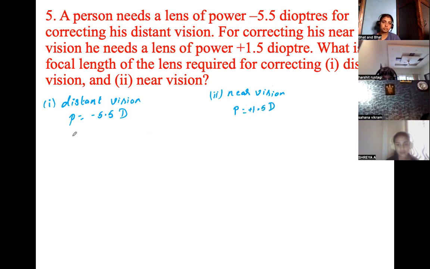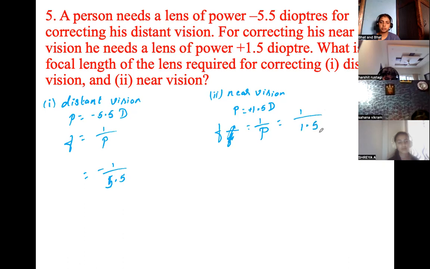Now what is asked? Focal length is asked. So f is equal to 1 by p. So it is minus 1 by 5.5, and here it will be 1 divided by 1.5. Do the calculation and tell me.